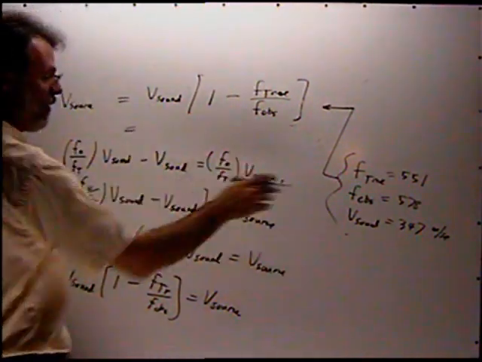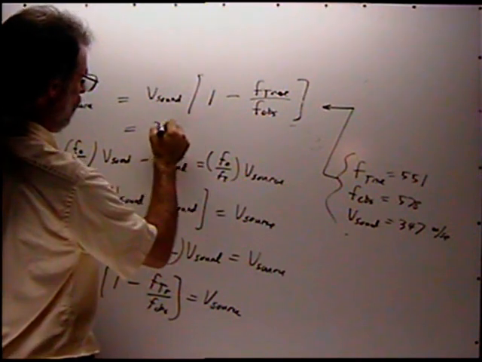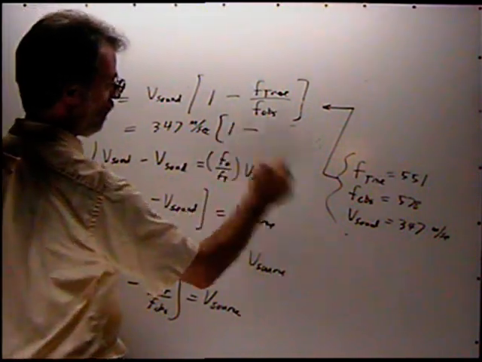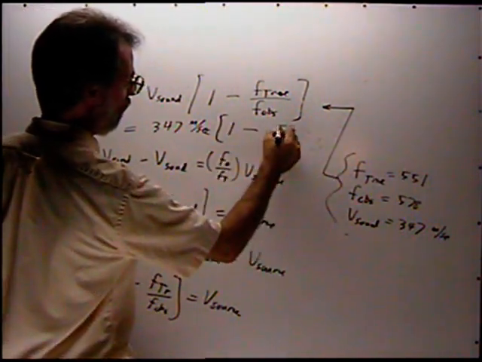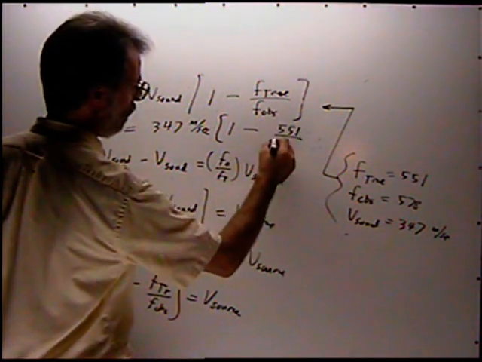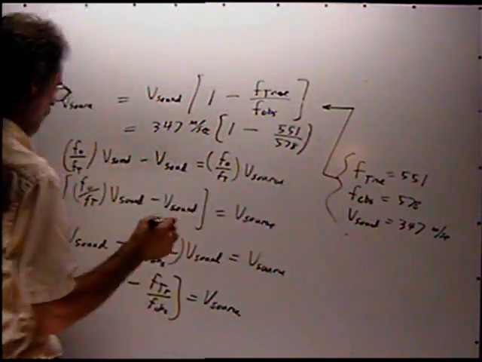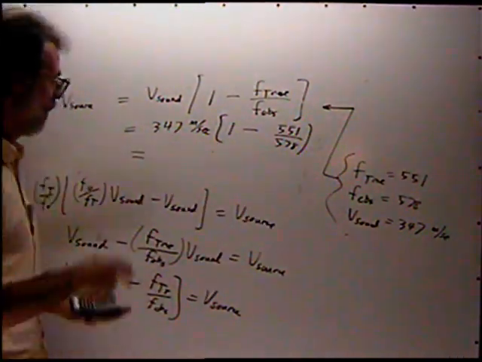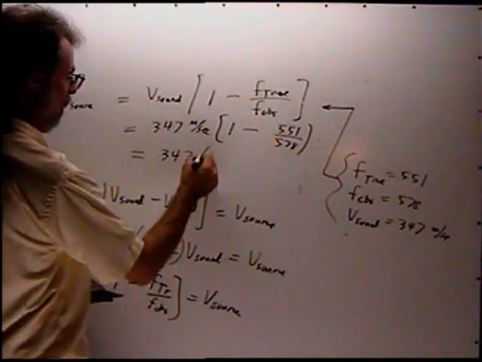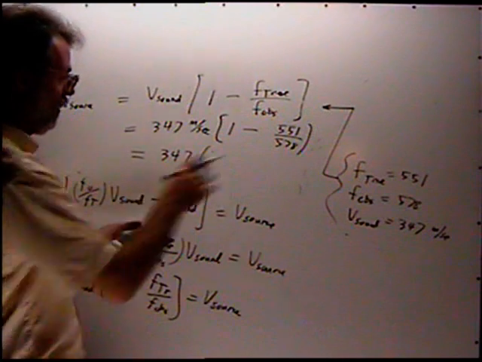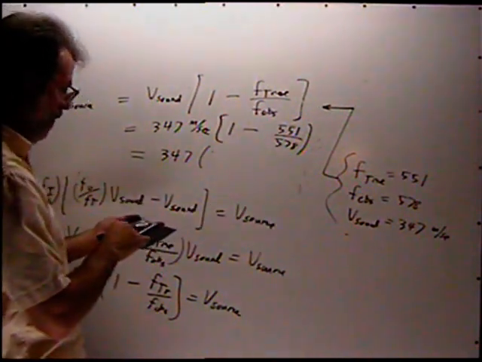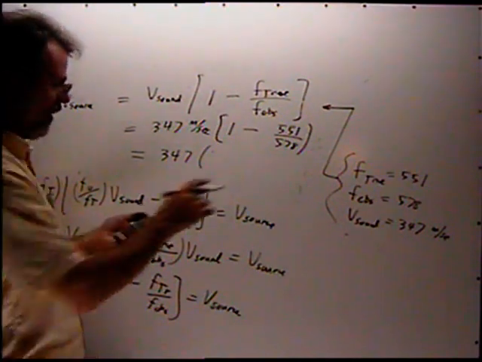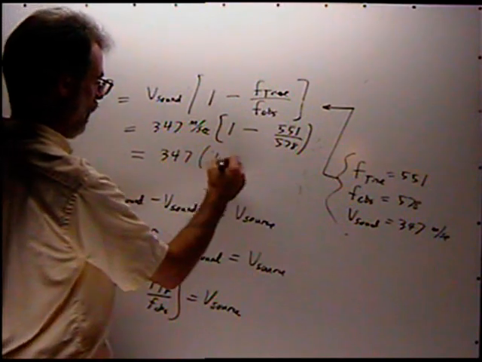Okay, I'm going to put in the numbers here, and I get 347 meters per second times 1 minus F true, 551, over F observed, 578. Notice that this will end up being 347 times 1 minus this ratio, 551 divided by 578, which is 0.953.